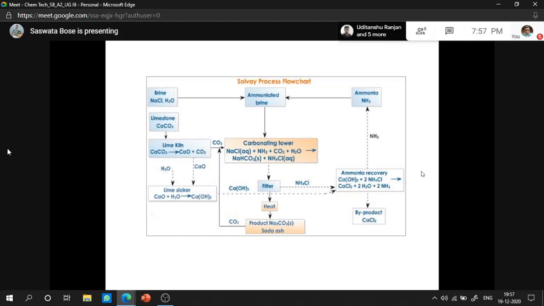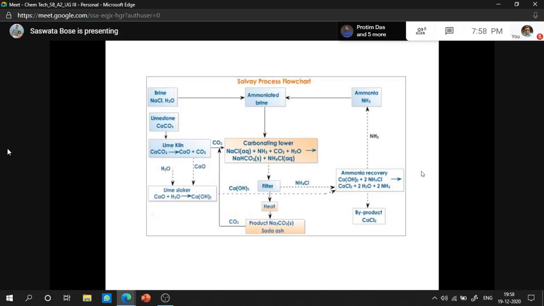The first is the free ammonia still, and the second is the combined ammonia still. In the free ammonia still, ammonia is driven off by the steam heated reboiler, and from the bottom you get the combined ammonia.